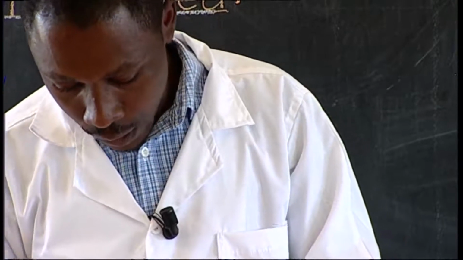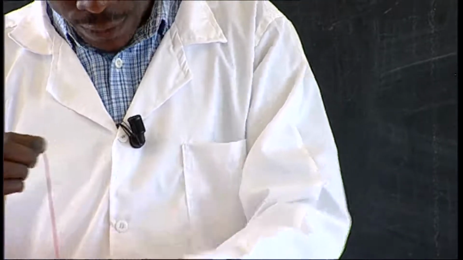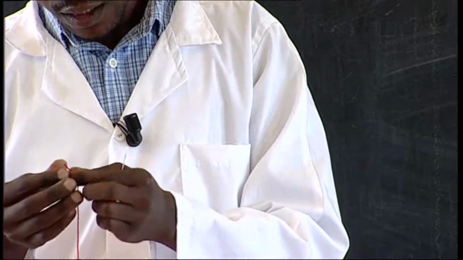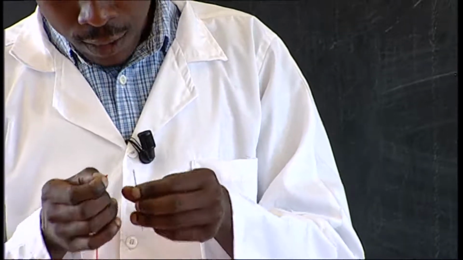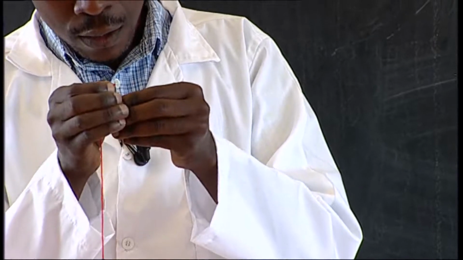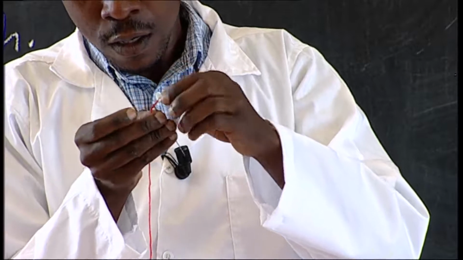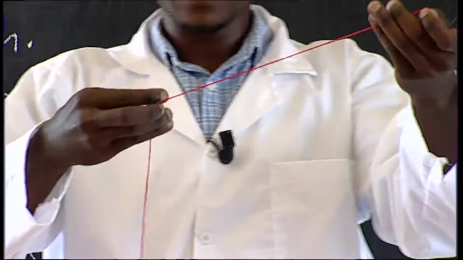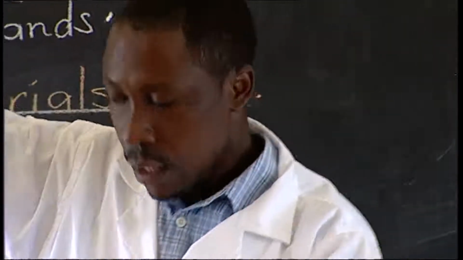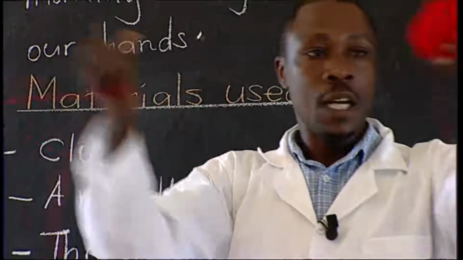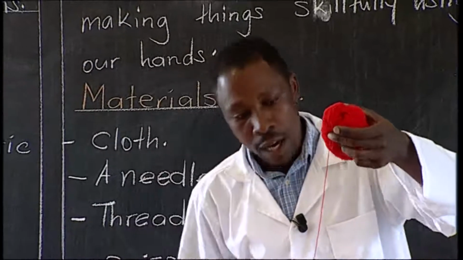When it refuses, you continue cutting until it enters. I think now it is going to enter. Now it has entered. So this is my thread and the needle. It is like this. Then I get my scissor, I cut.